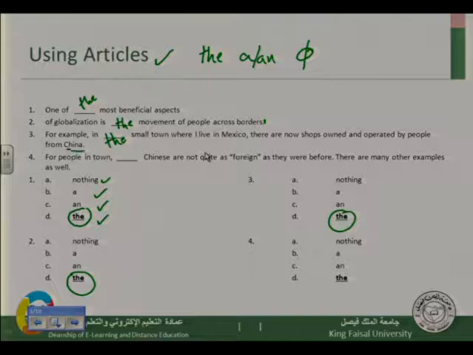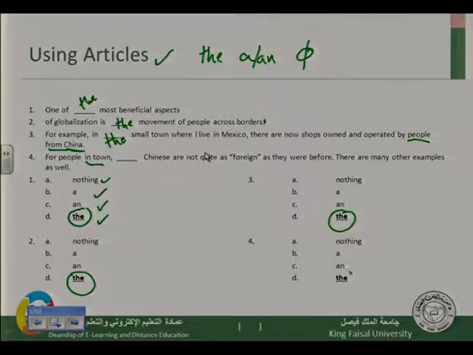Okay? Number 4. For people in town, meaning the town I was just talking about, and Chinese, meaning the people from China, right? Chinese are people from China. So they are known to us now. They haven't been mentioned for the first time. So they are definite.